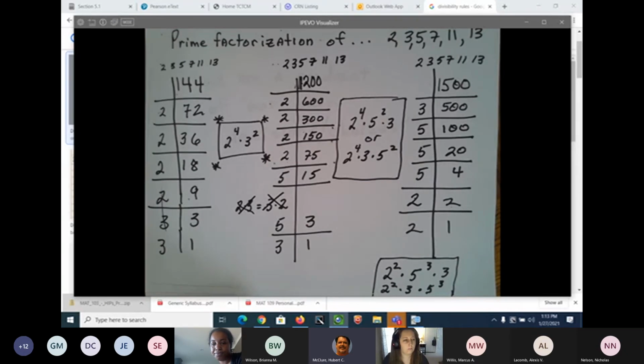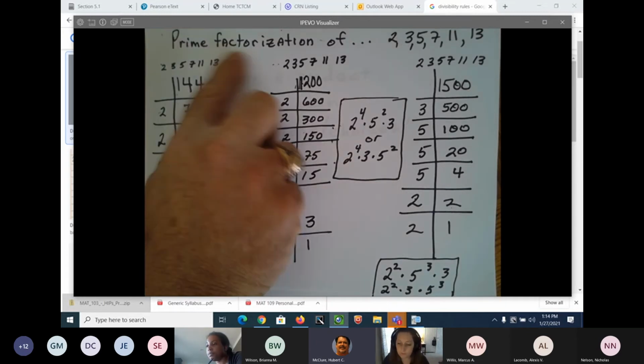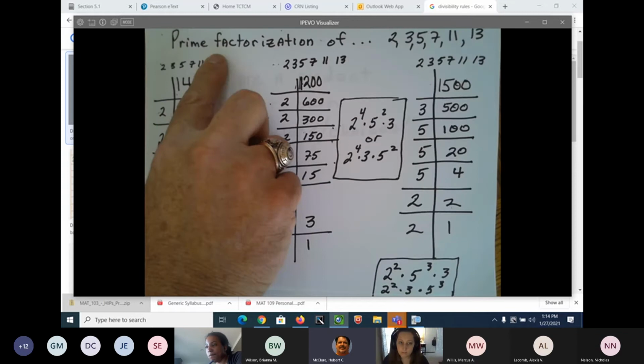Or you can go to study plan and work on 5.1 prime factorization as much as you want to, and then wait for me to say do the homework on 5.1. I don't care what you do, but do something before Friday. I don't want you to stay at home and not work on something. I want you to do prime factorization on some problems before Friday.